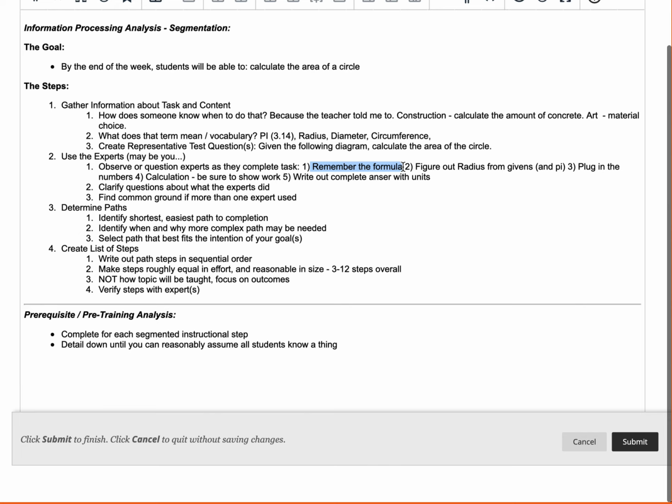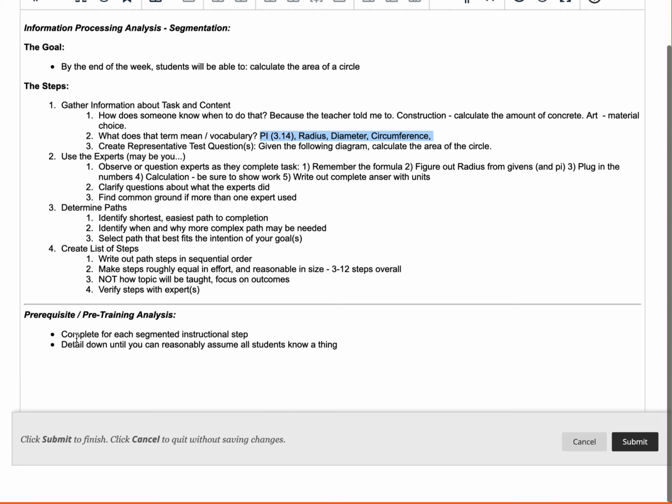I'm not going to be able to successfully drive to Rochester if I can't even drive a car. There's no way I can calculate the area of a circle if I have no idea what pi is, or what a radius is, or things like that. A lot of times, once you've come up with your vocabulary, a lot of those terms might fall under the category of prerequisites. You need to know this terminology before we even get into this topic.